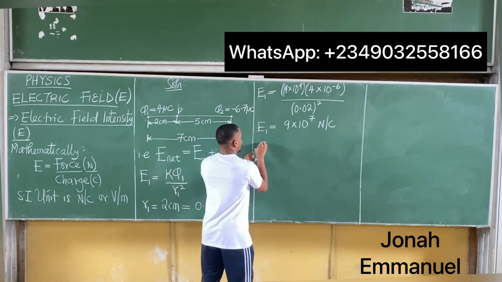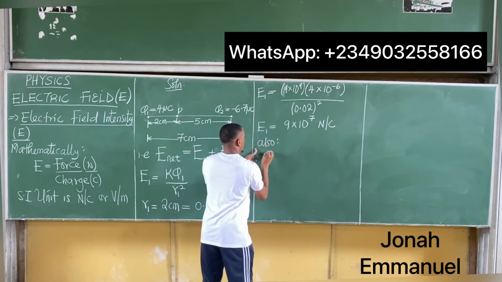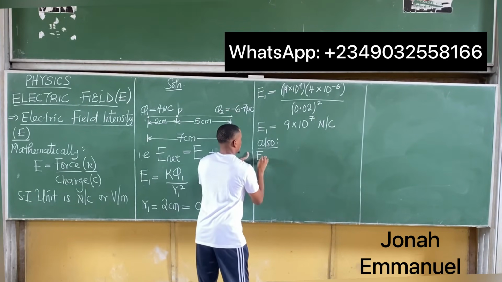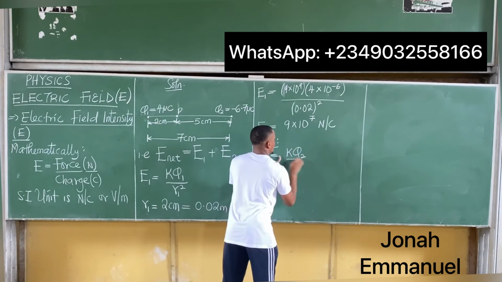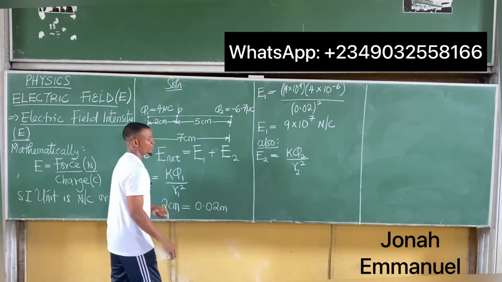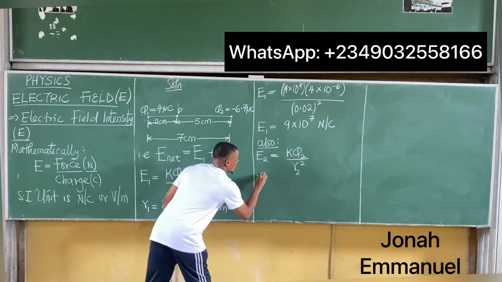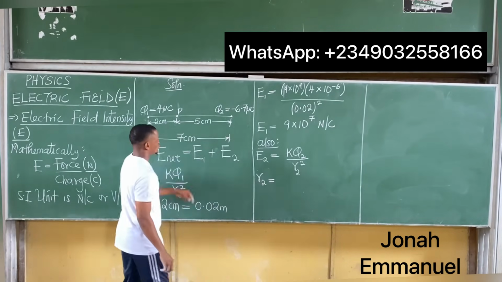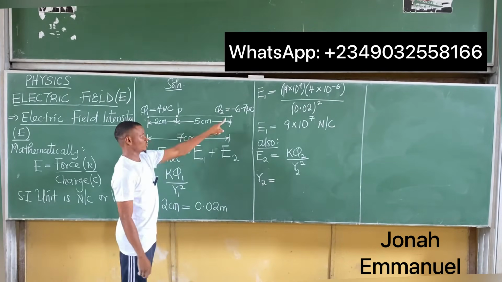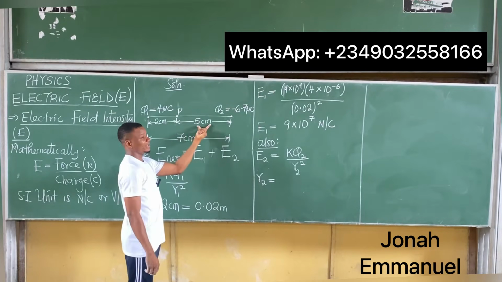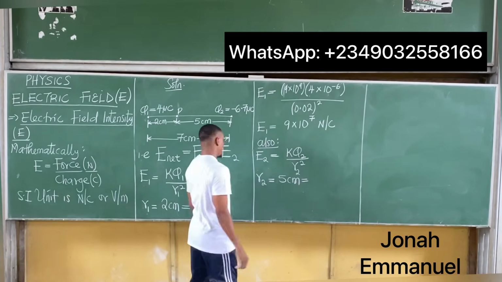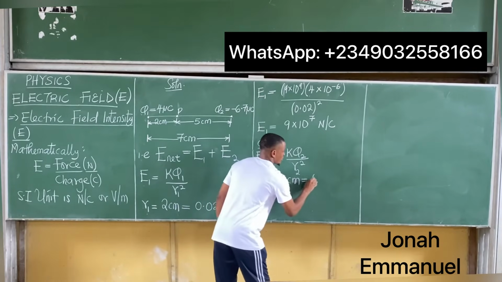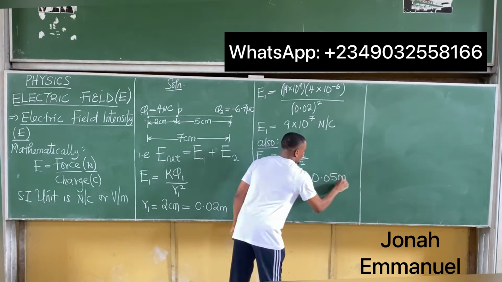Let's get E2. What's E2? E2 is equal to KQ2 all over R2 squared. My task will be to get R2. R2 is equal to the distance between Q2 and P. That's 5 cm. Convert to meters, divide by 100, becomes 0.05 meters.